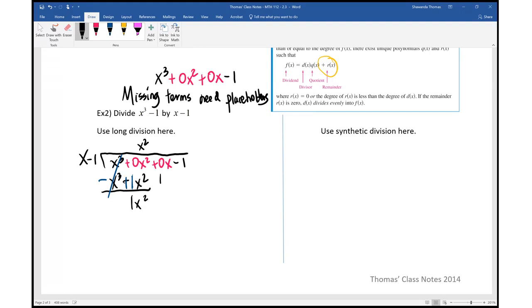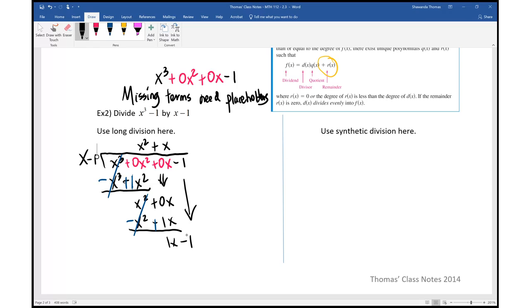All right, and then bring down one term at a time and start back over. So really, what times x over here is x squared. So that is x, positive x, times our entire divisor over here. So start it back over, x squared minus 1x. Then you're going to change your signs, minus plus, that cancels as it should. We have 1x, and then we bring down minus 1.